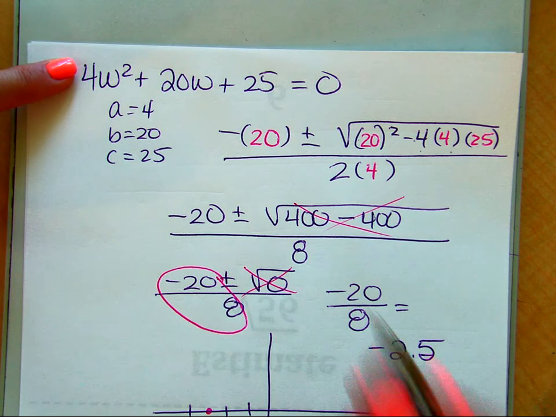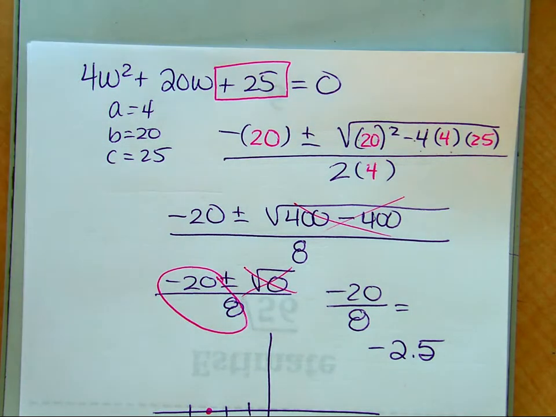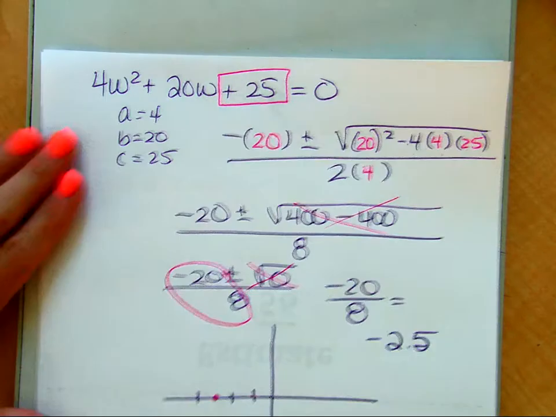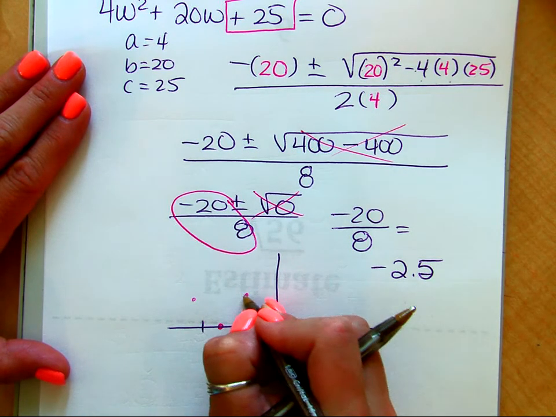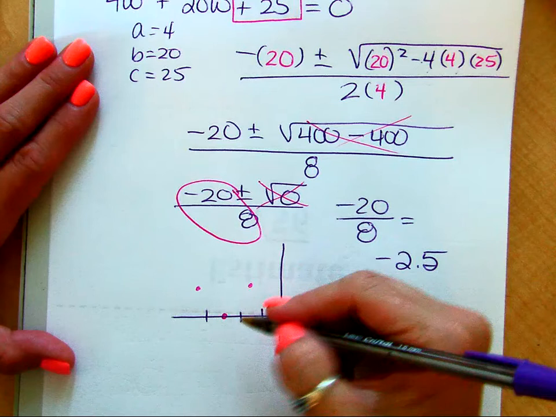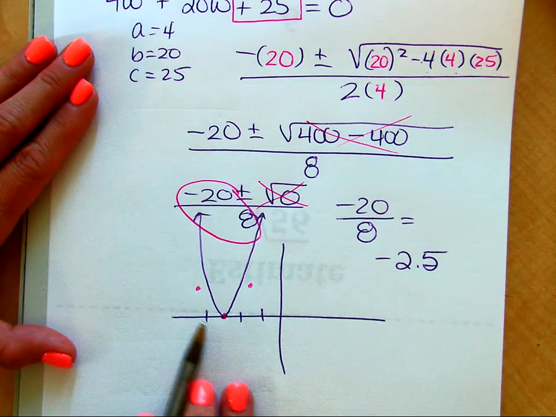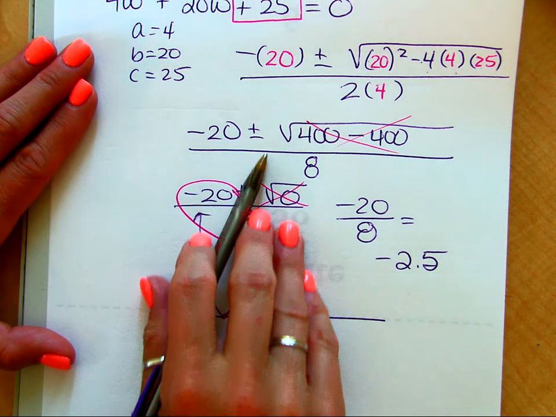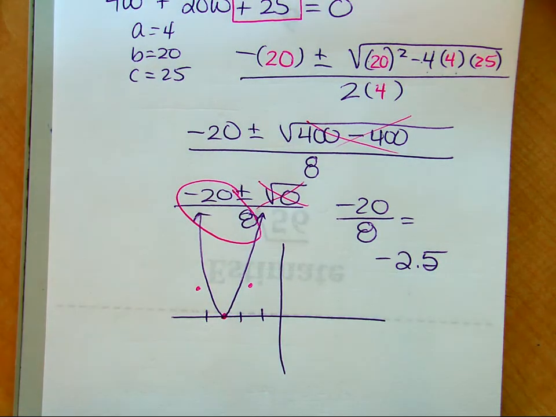And what else do I know about it? Its y-intercept is what? 25. So do you remember if this was my standard 1/1, this would go somewhere in between it? And does it look like if this were to keep going that it would eventually touch the y-axis at 25? Probably. Okay? Follow me?